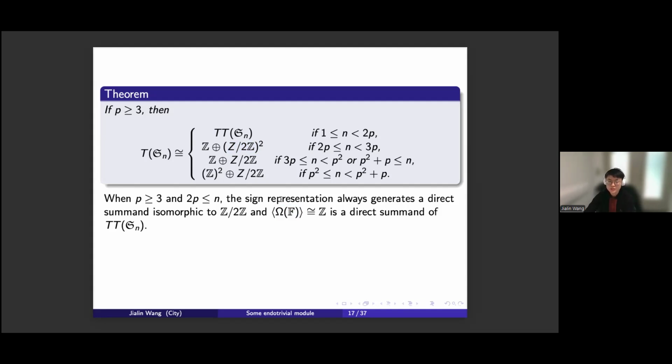The sign representation is a one-dimensional module defined over the symmetric group when p is odd. We do know that sign tensor sign is isomorphic to trivial, and it's self-dual. So it will generate a summand which has order 2.